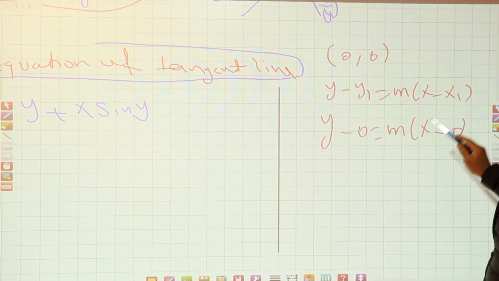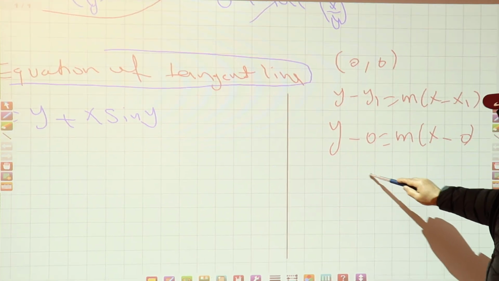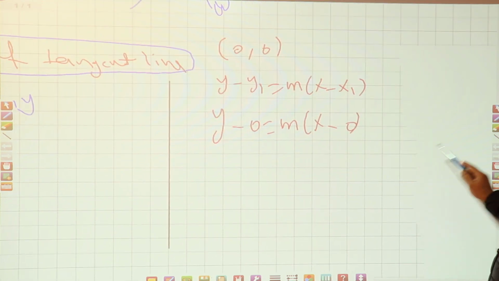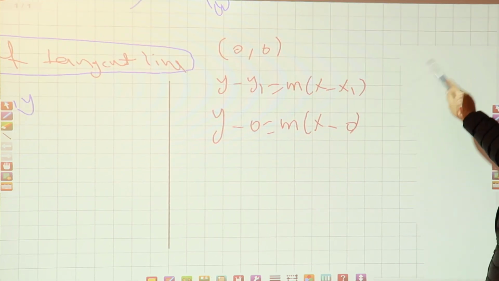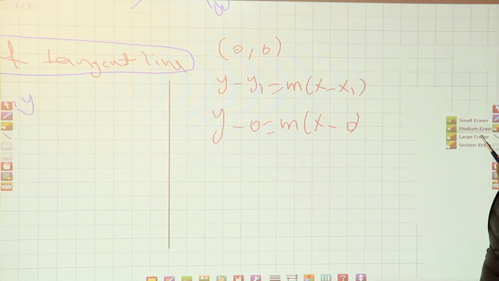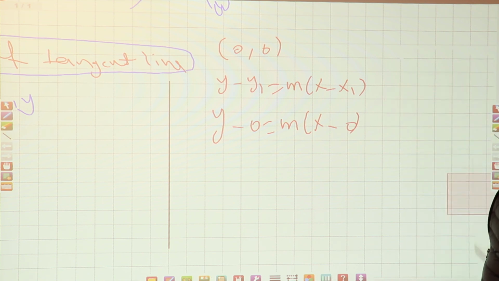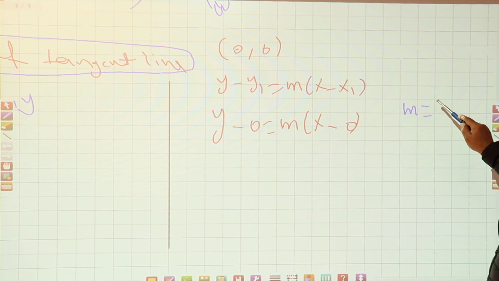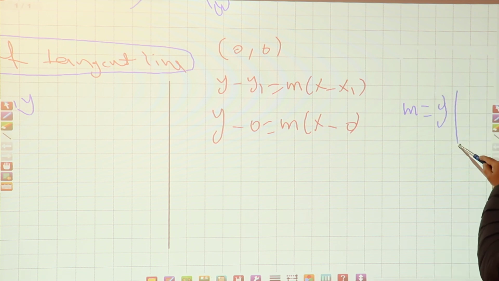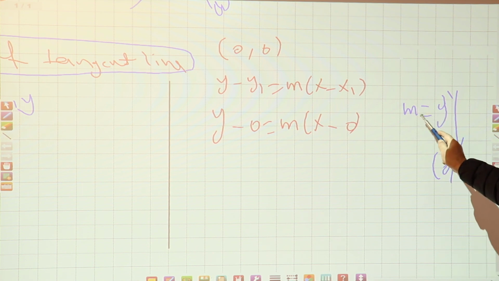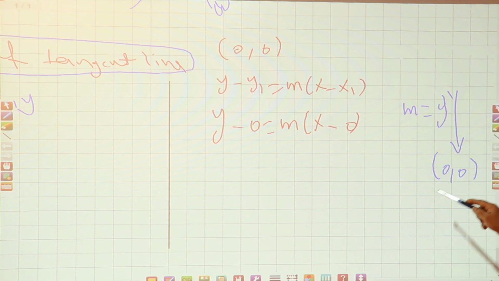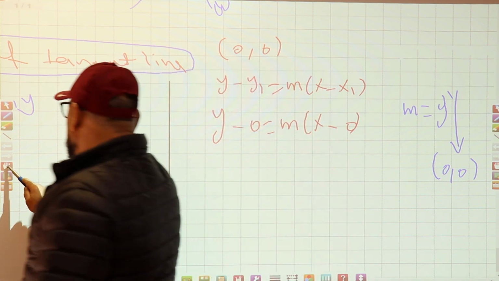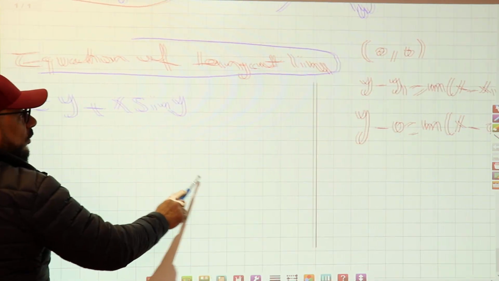What I need is the m, the slope. What's my m? M is the derivative, y prime at 0 and 0. I need to find the y prime at the point 0 and 0. Let us find y prime. That's all we need to finish our problem.